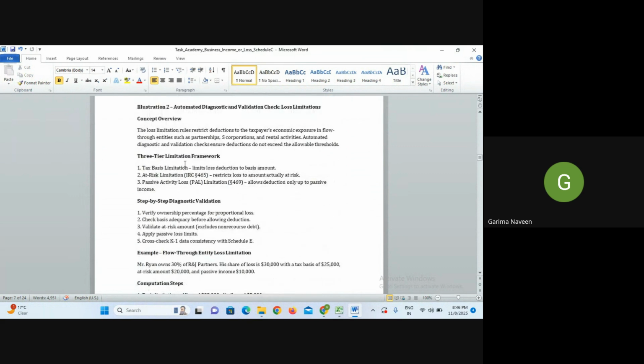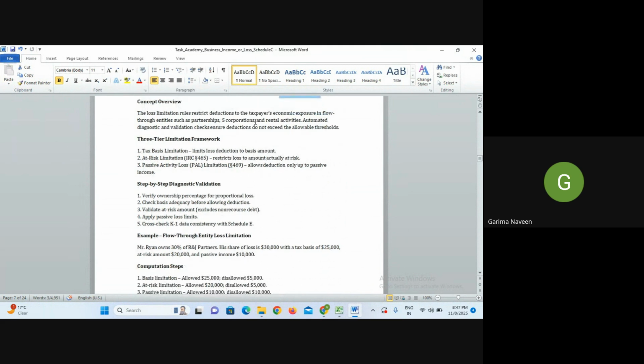Okay, so next, as I said, if you have a loss from these entities, then these losses are not deductible from your ordinary income to the full amount. It is subject to certain kinds of limitations.